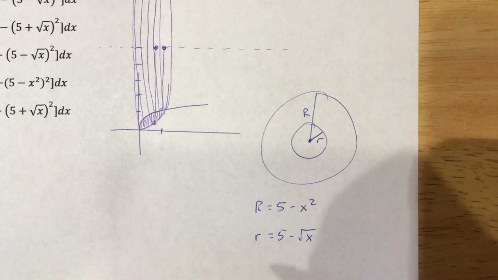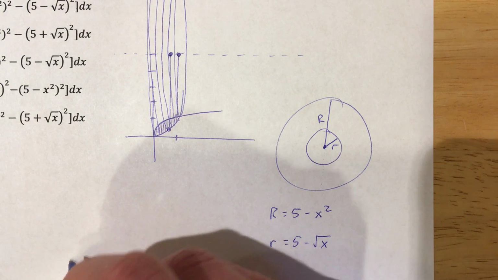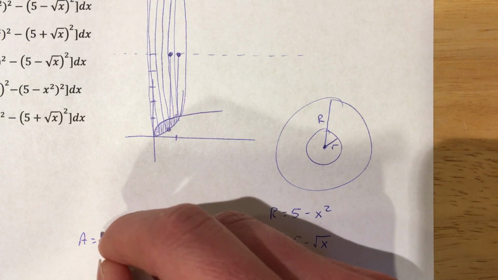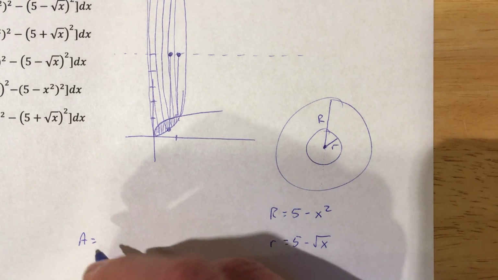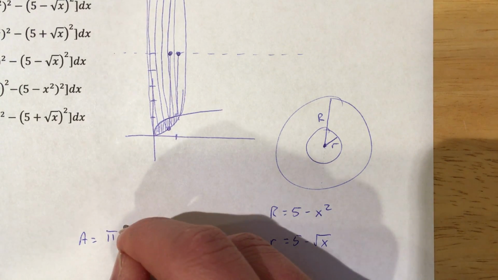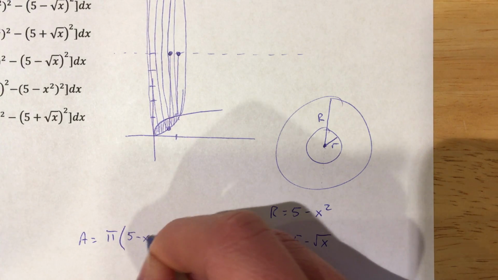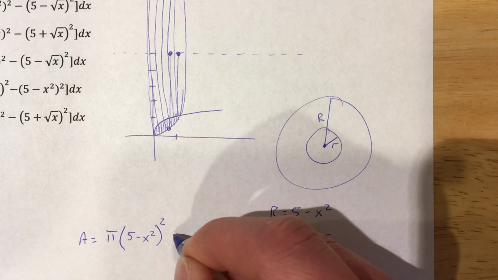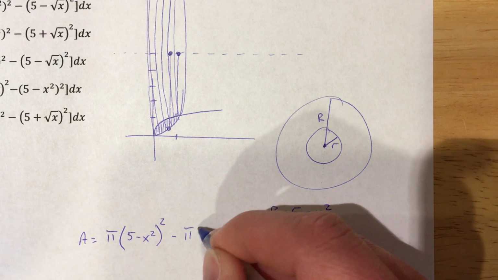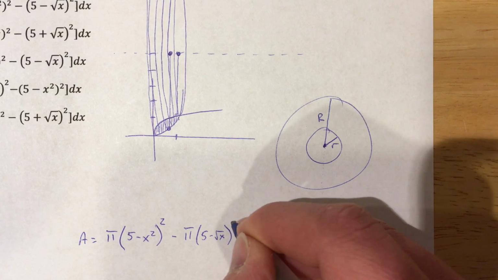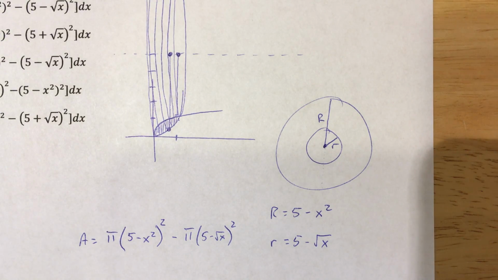I can come up with a formula for area of a cross section. The area is going to be big circle, pi, big radius squared, minus little circle, pi, little radius squared. That's the area of a cross section.